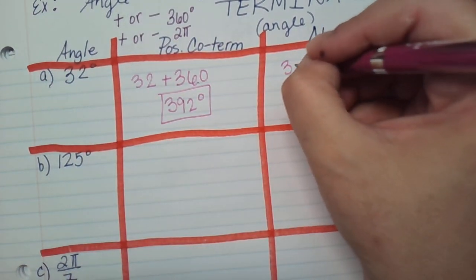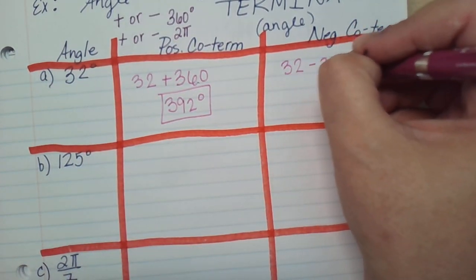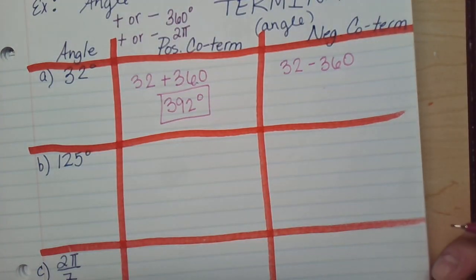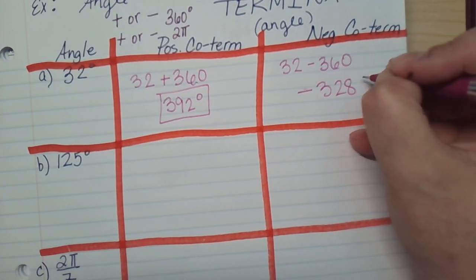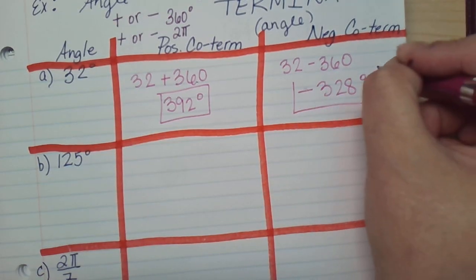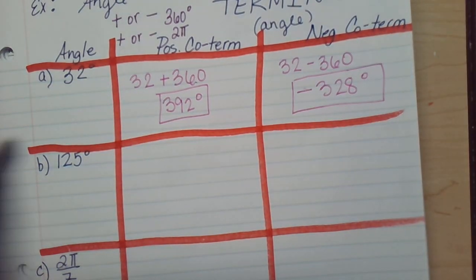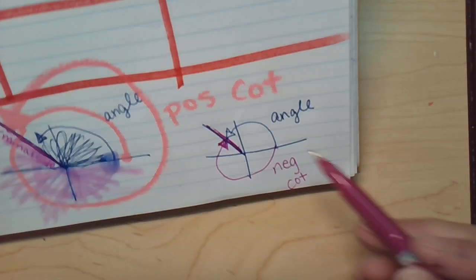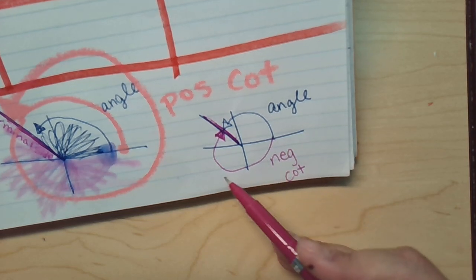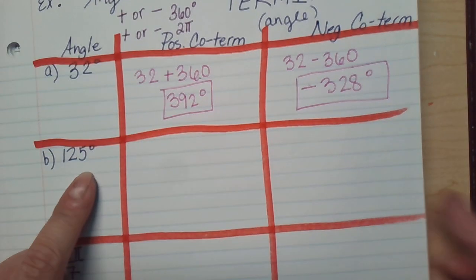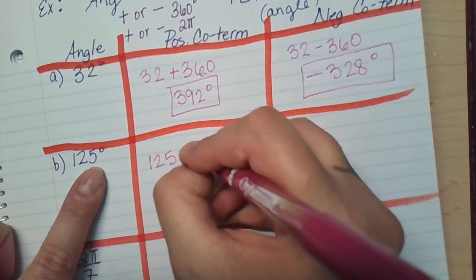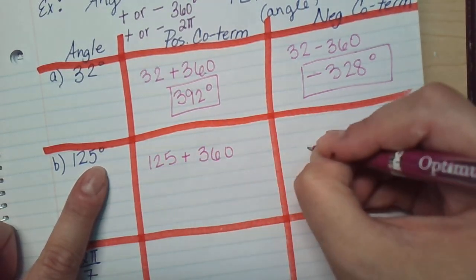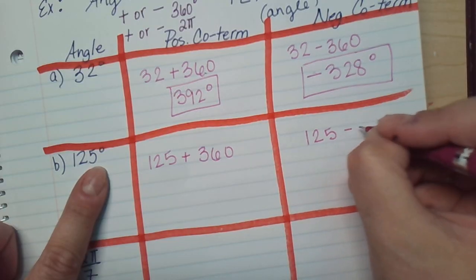You're going to take 32 and subtract 360. That makes negative 328 degrees, and that's my negative coterminal angle. That would describe this going backwards almost all the way around. Let's look at 125. Same thing. To find the positive, you take 125 plus 360. To find the negative, you take 125 minus 360.